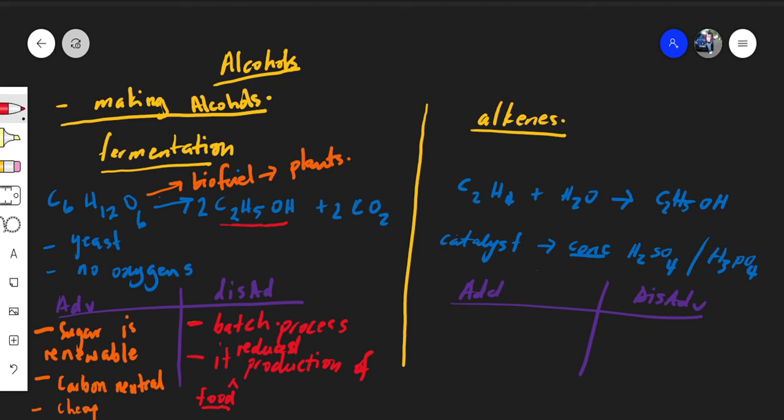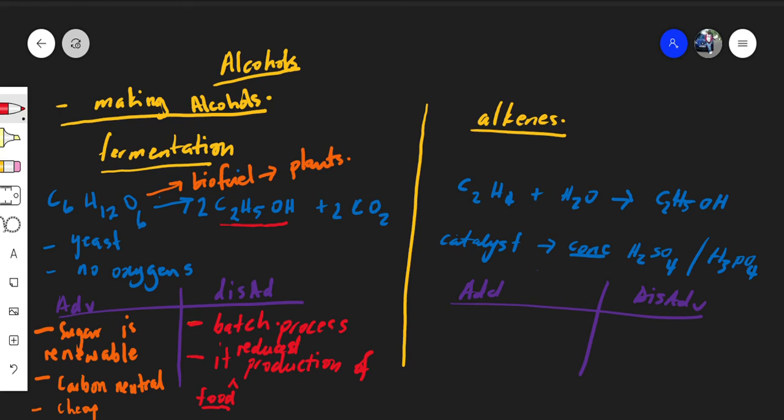It once happened in Brazil. If you want to find out, Brazil, instead of producing sugarcane for sugar, were producing it for biofuel. So at the end of the day, the amount of sugar in the market reduced, and then the cost increased.